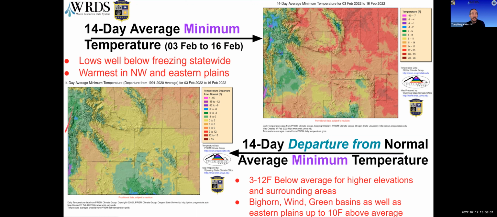You can see cooler than normal in the higher elevations, also down here in the higher elevations of the Sierra Madre, the Snowies, the Laramie Range up near Casper, and the Bighorns. The rest of the state is generally 3 to 12 degrees above average, with some fairly warm spots up here and along the border.